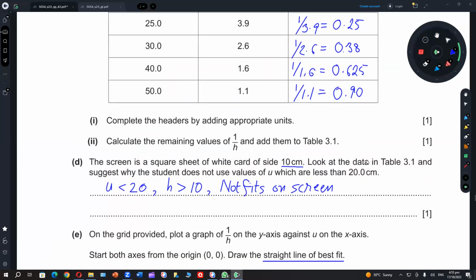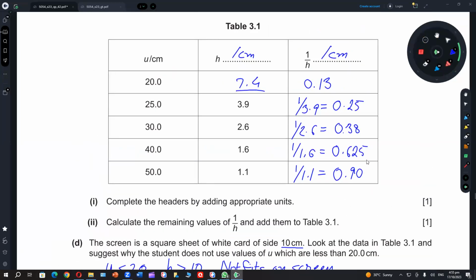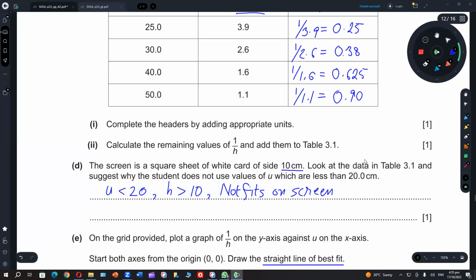Now look at this screen. I have to plot 1 upon h on y-axis. Look at the biggest number. The largest number is 0.9.